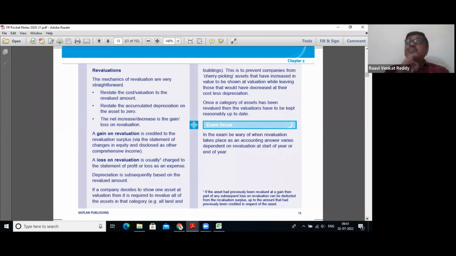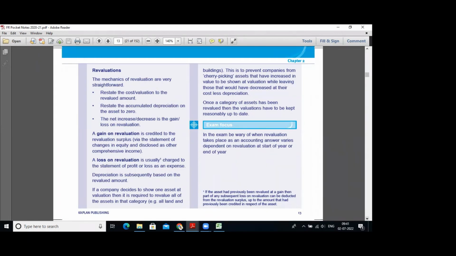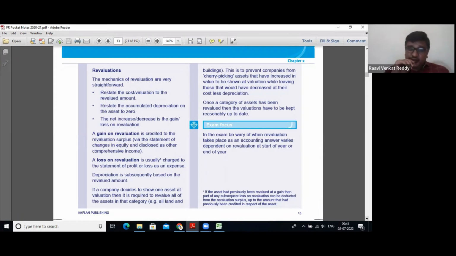The company can choose it, but Accounting Standard 16 says that if there is any significant difference between the market value and the carrying value, for example, certain assets like land. Suppose I purchased a piece of land in Suchitra circle in 2019 or 2020 for 1 lakh.